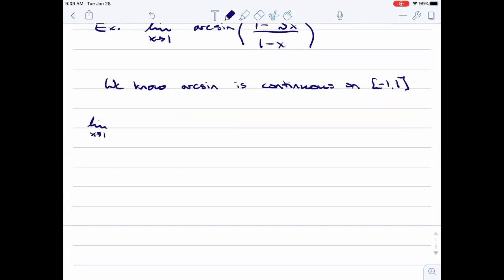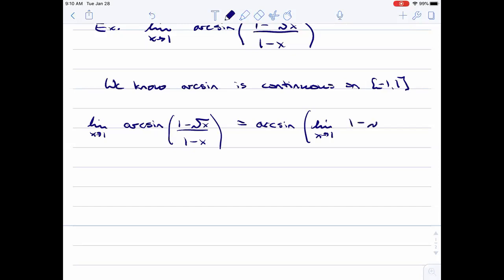The limit as x approaches 1 of arc sine of (1 minus root x) over (1 minus x) is the same as arc sine of the limit as x approaches 1 of (1 minus root x) over (1 minus x).